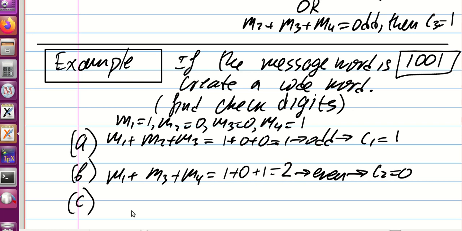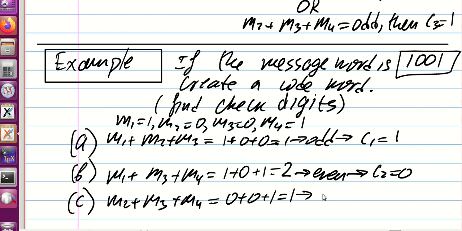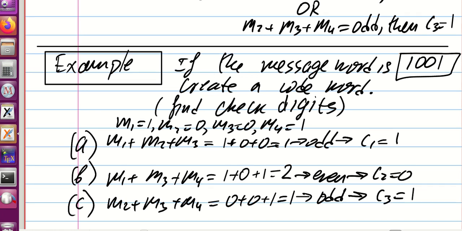And the last circle C, which has no M1, so we have M2, M3, and M4. M2 is 0, 0, and 1, so we get 1, which is odd. And C3 has to be equal to 1.